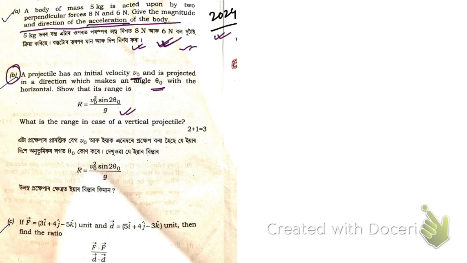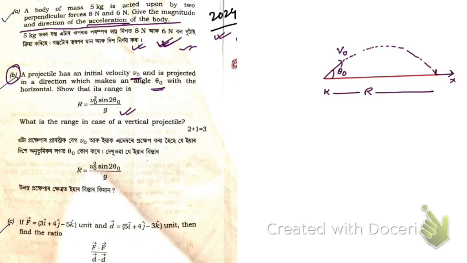So let me show this one. Suppose this is the horizontal, and a projectile is projected with initial velocity v0 at an angle theta naught. It's going to follow this parabolic path, and this is the x-axis, and this is the range, the maximum horizontal range.